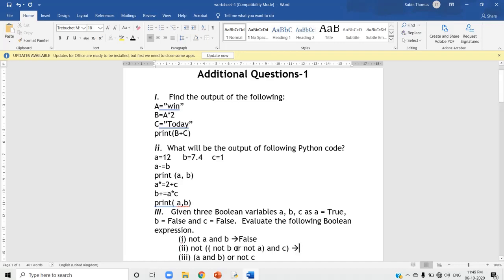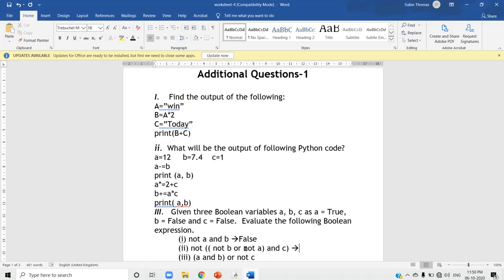C or not A. A is true. Not A will give you false. So the answer will be true or false. True or false will give you the answer true. So the inner bracket will give you the answer true.